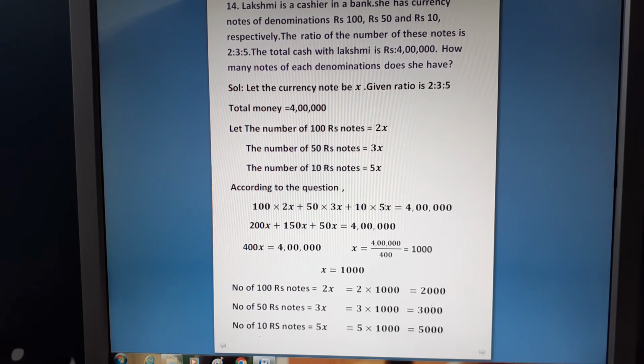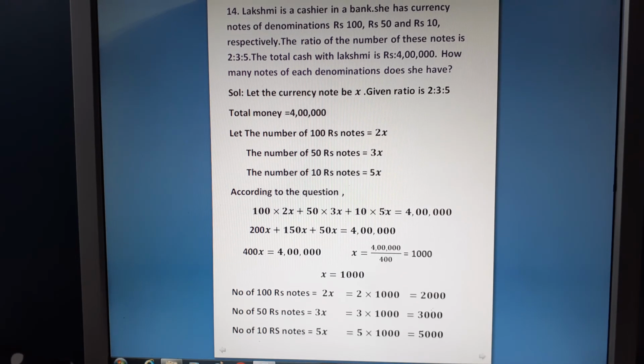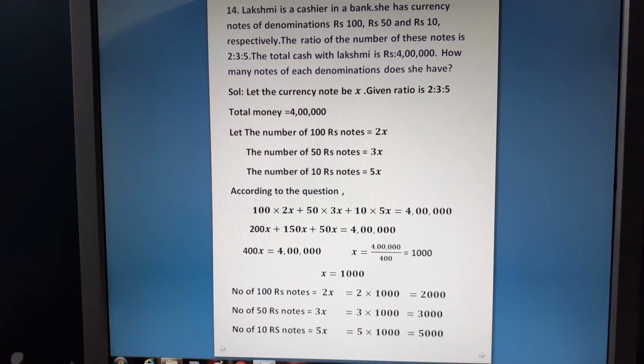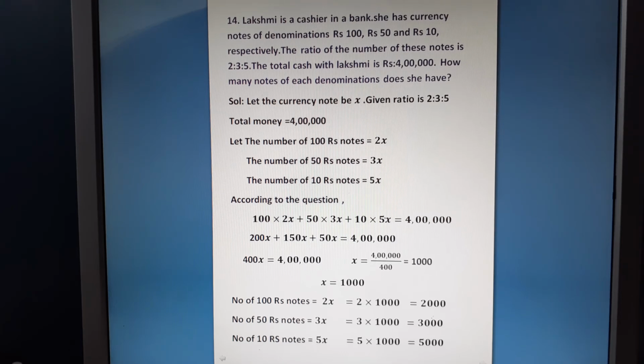So 3 into 1000 is equal to 3000. Number of 10 rupees notes is equal to 5x. So 5 into 1000 is equal to 5000. There are 2000 100 rupee notes, 3000 50 rupees notes and 5000 10 rupees notes.